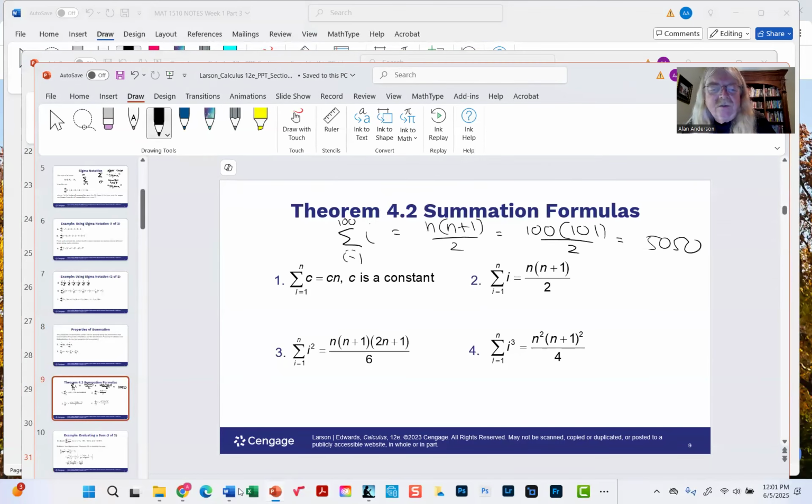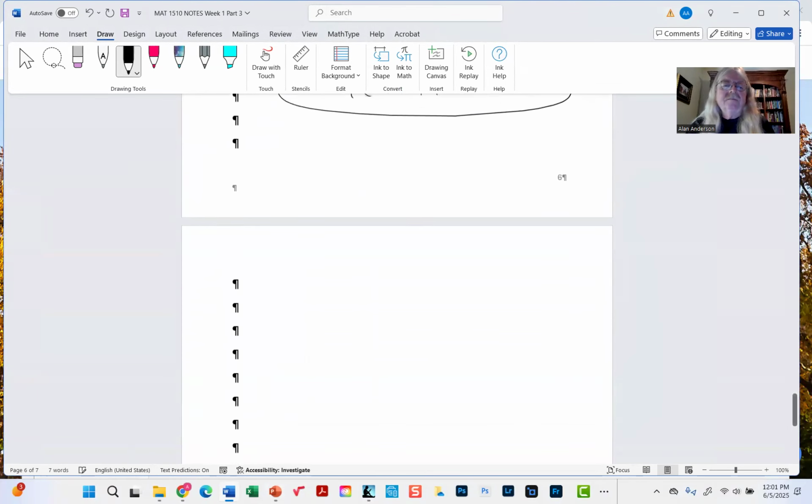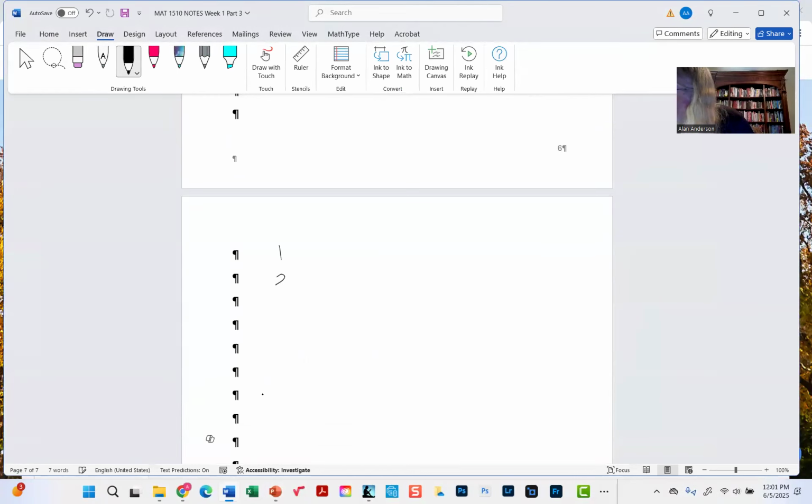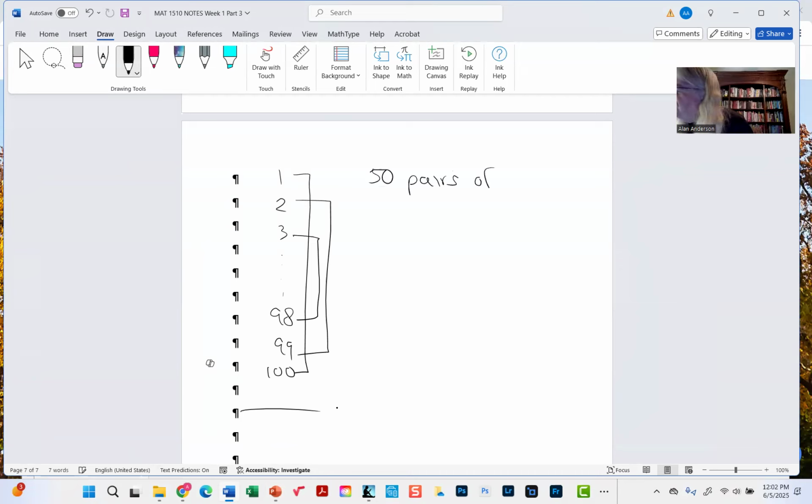When you've got 100 numbers like that, all in a row, here's what's actually happening. We're trying to add these up. You can think of this as here's a pair of numbers that adds up to 101. And here's another one. And here's another one. So if I wrote out all the numbers, you can see we actually have 50 pairs of numbers that add up to 101.